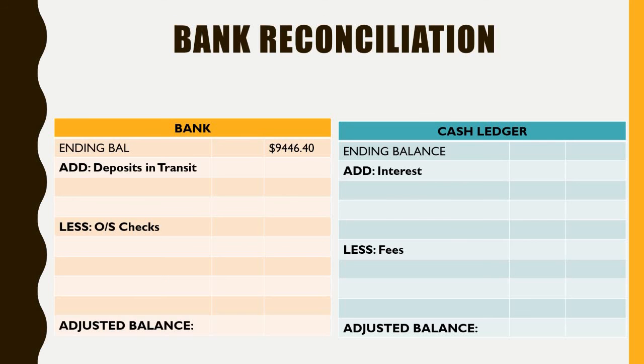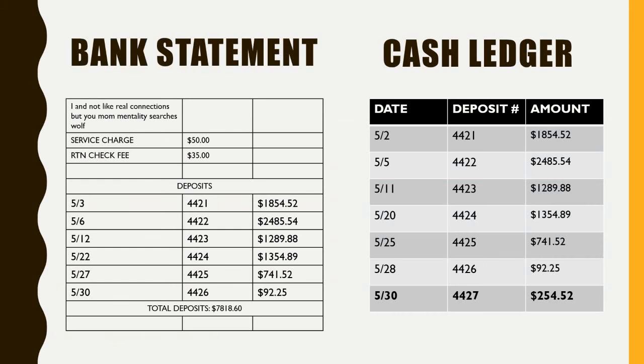Okay. Now, first I'm going to add any deposits in transit. So what you're going to do is compare your bank statement to your cash ledger, right? And you're going to verify which deposits have cleared.